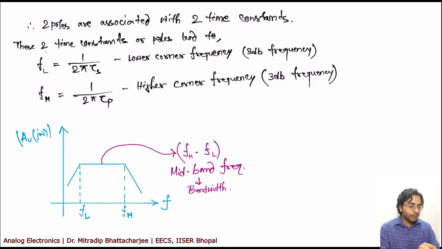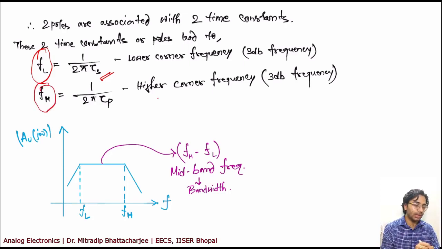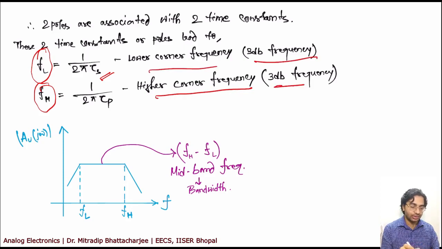For two time constants, you will have two associated poles. So if you consider the FL value, which is 1 by 2 pi tau s, it will be your lower corner frequency, and your FH value, 1 by 2 pi tau p, will be your higher corner frequency or 3 dB frequency.